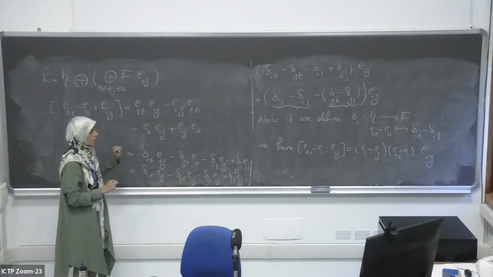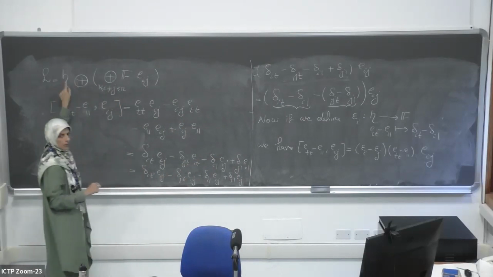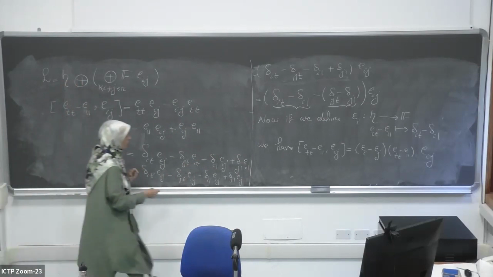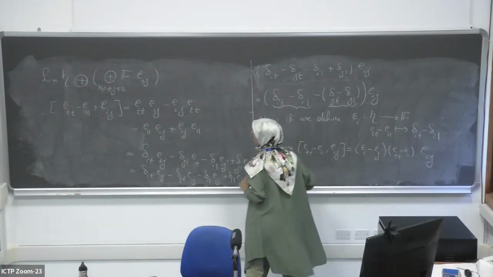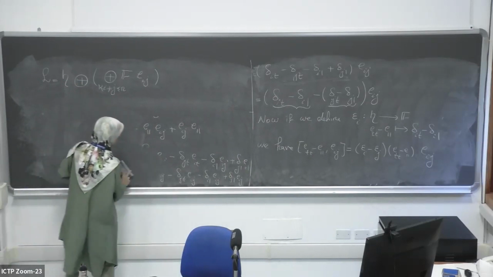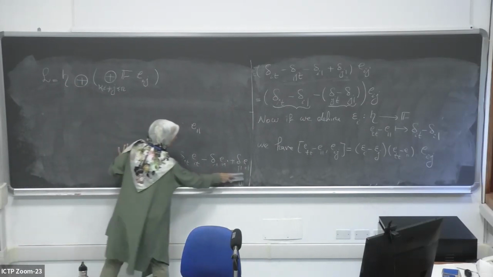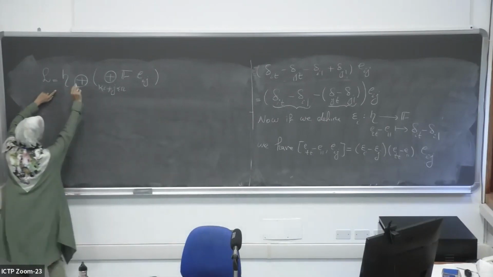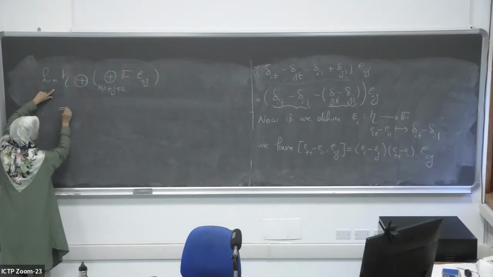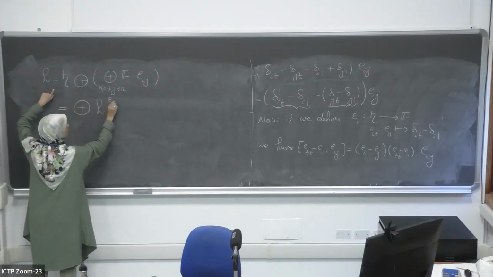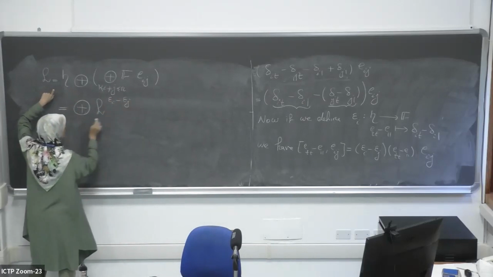And also, H is just diagonal matrices, so the bracket of two elements of H is 0, okay? So what we have, this part, I can write it in this way, direct sum L_(epsilon_i minus epsilon_j).